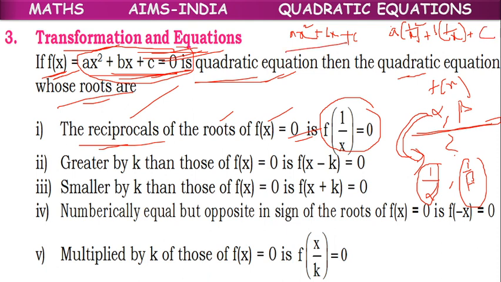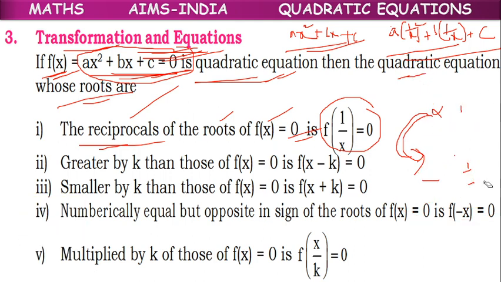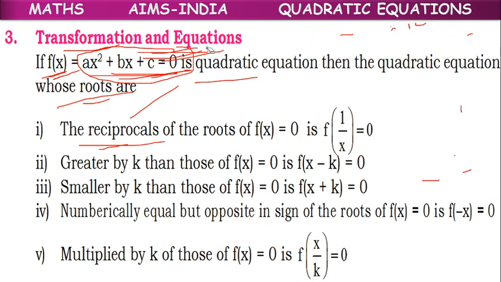For this one, roots will be alpha and beta. For this one, roots will be 1 by alpha and 1 by beta. So if we transform the roots like that, the equation will be changed like that. Okay, next.